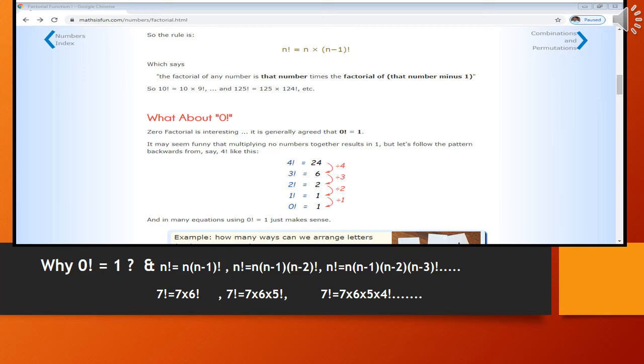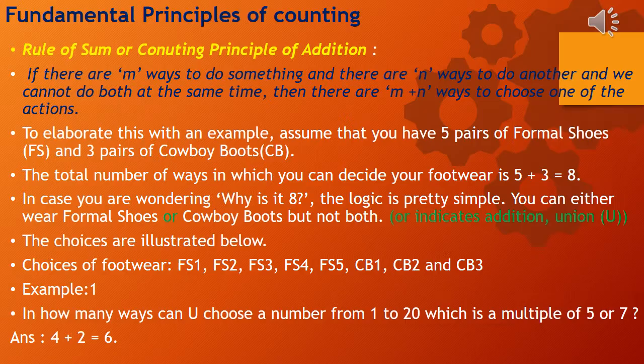On dividing 24 by 6, the quotient is 4. Dividing each factorial by the preceding one: 4 factorial by 3 factorial is 4, 3 factorial by 2 factorial is 3, 2 factorial by 1 factorial is 2, and 1 factorial by 0 factorial is equal to 1. By the division rule we can prove that 0 factorial is 1.